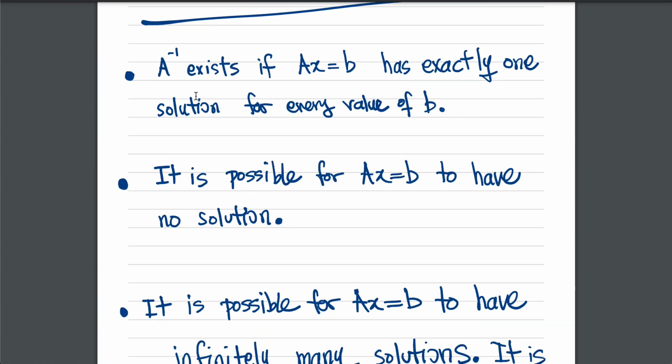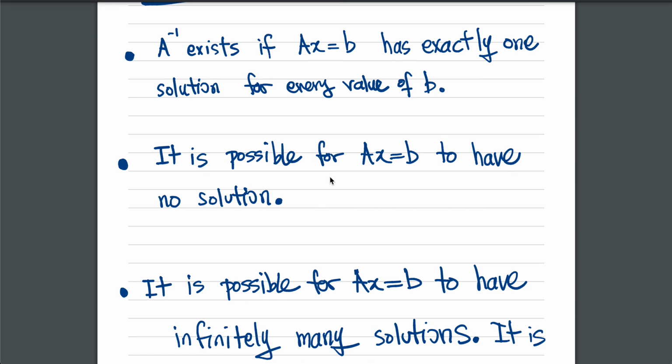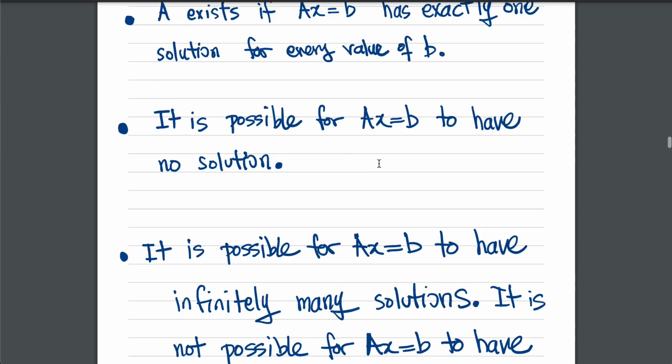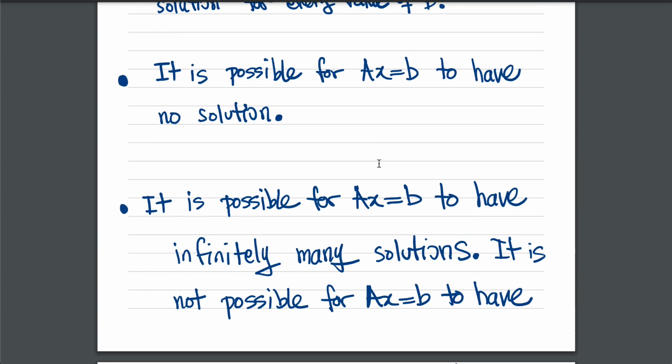Either A inverse exists and then AX equal B has exactly one solution for every B, or AX equal B doesn't have any solution, or it's possible for it to have infinitely many solutions.